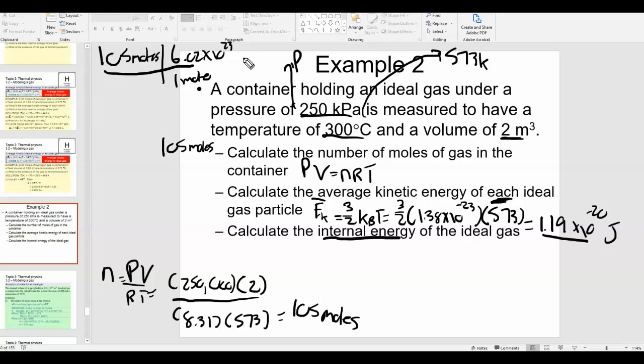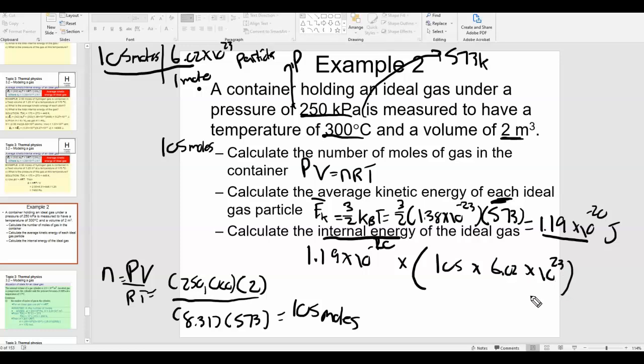So if I have that many particles, then I can find the internal energy by just doing 1.19 times 10 to the negative 20 times the number of particles, which would be 105 times 6.02 times 10 to the 23.